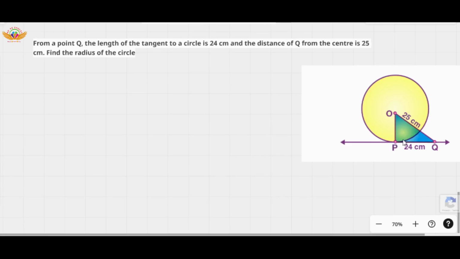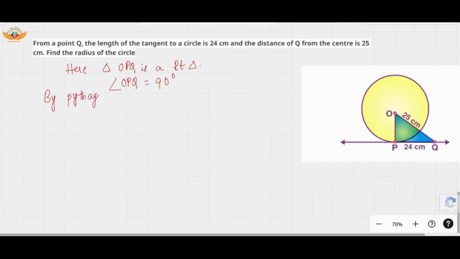So triangle OPQ is a right angled triangle, and angle OPQ is equal to 90 degrees. Since it is a right angle triangle, I can use the Pythagoras theorem.